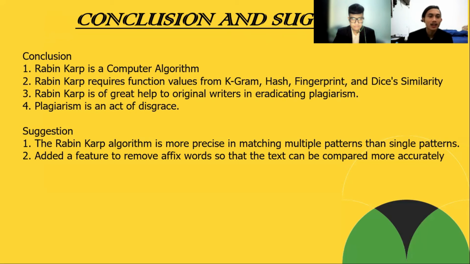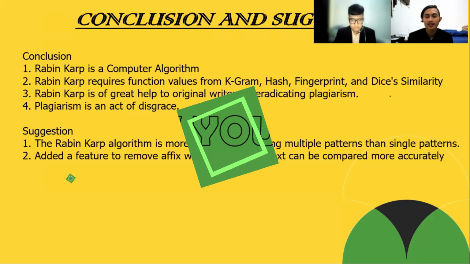Fourth, plagiarism is an act of dishonesty. Suggestion. First, the Rabin-Karp algorithm is more precise in matching multiple patterns than a single pattern. Second, add a feature to remove affix words so that the texts can be compared more accurately.